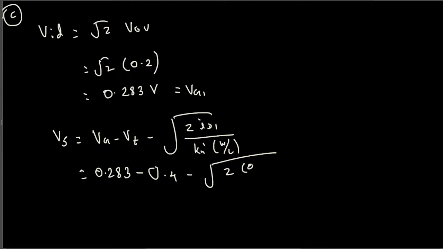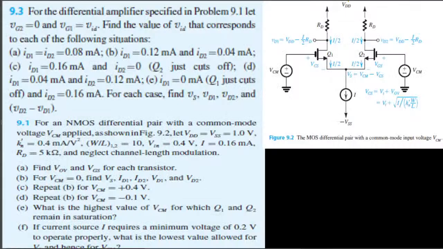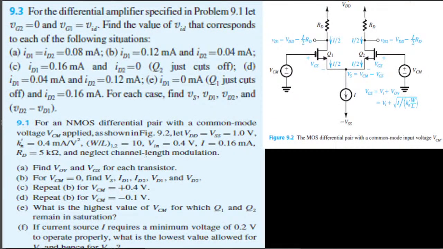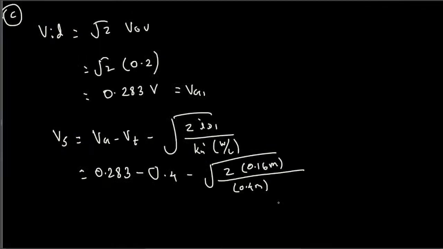So plug that one in, 0.16 milli, and then Kn prime is given to us right here, that's 0.4 milli, and W over L also provided to us, that is 10. Plug that all in, solve for this, you will end up getting VS to be negative 0.4 voltage.